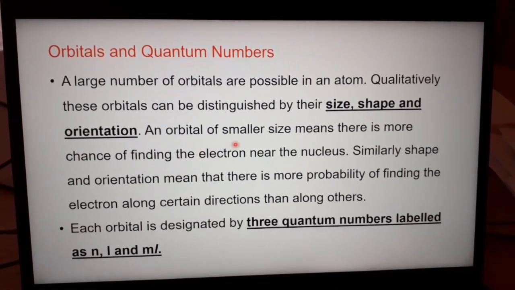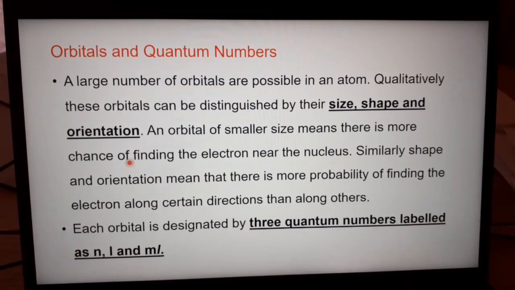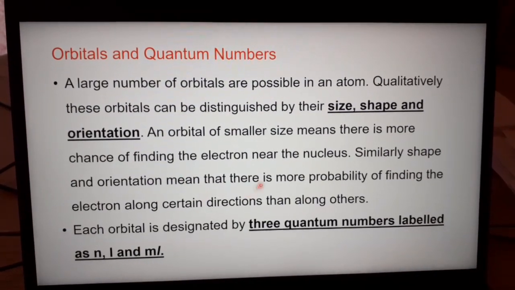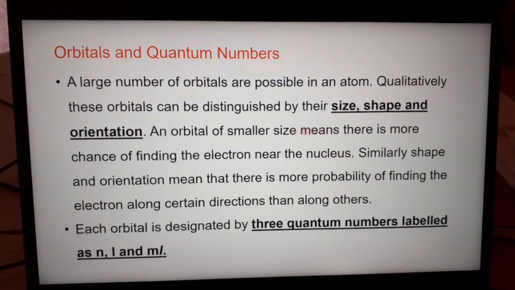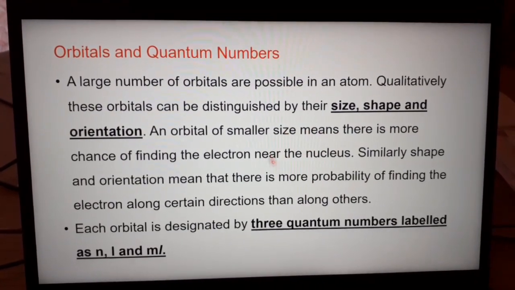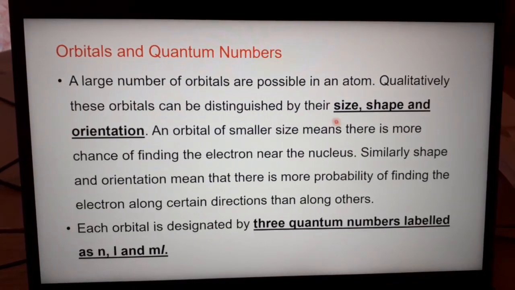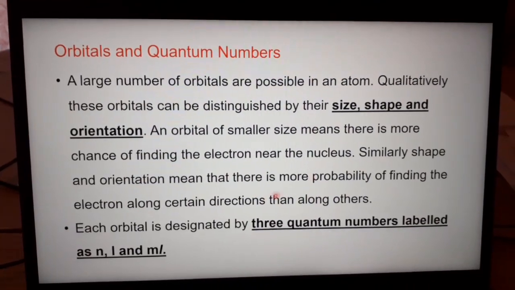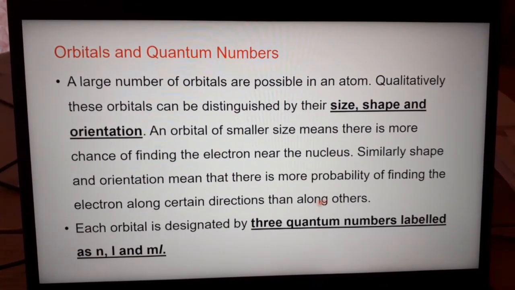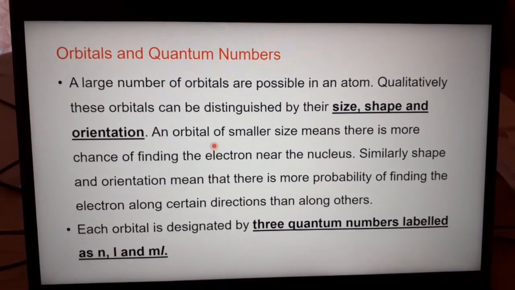An orbital of smaller size means there is more chance of finding the electron near the nucleus. So you know that the nucleus is present in the center of the atom. If electrons are far from the nucleus, that means the size of the orbital is huge, or it increases.